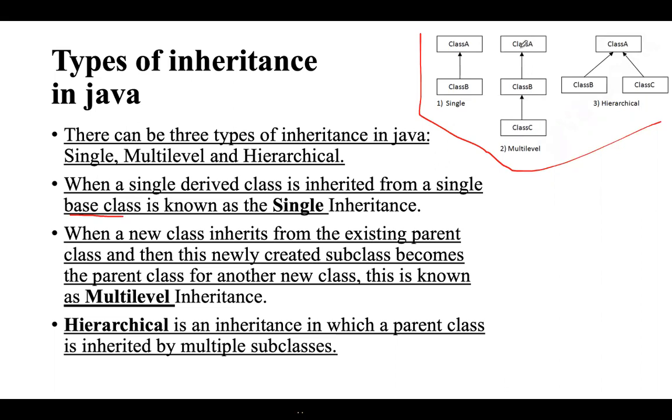When a class C is deriving from class B, and that class B is deriving from class A, that is called multi-level inheritance.